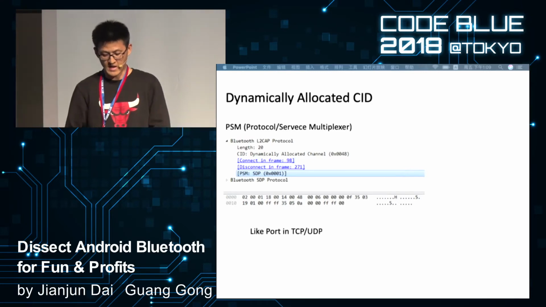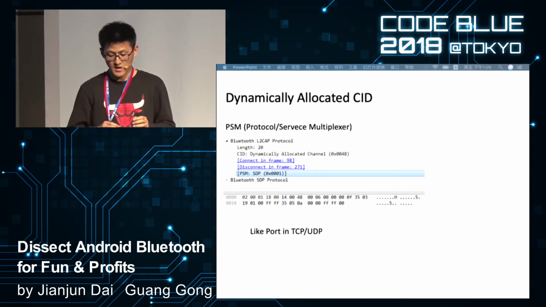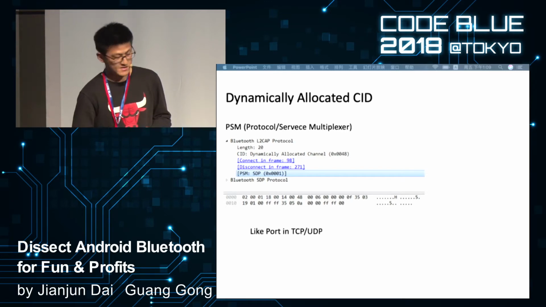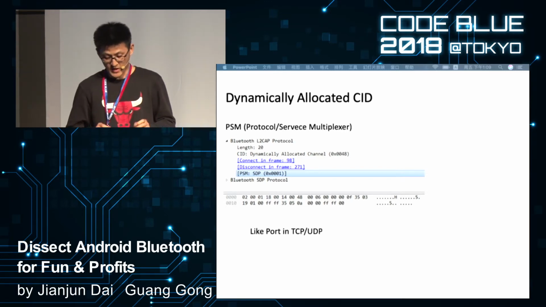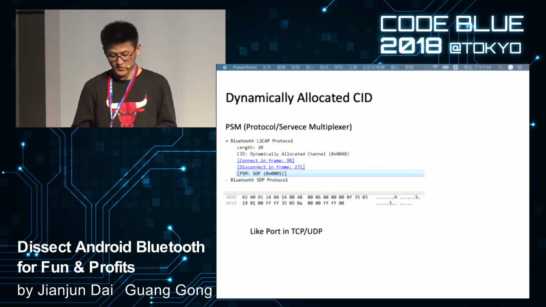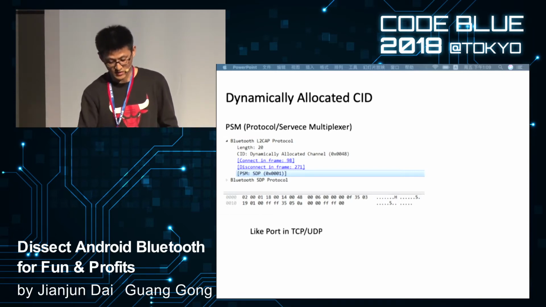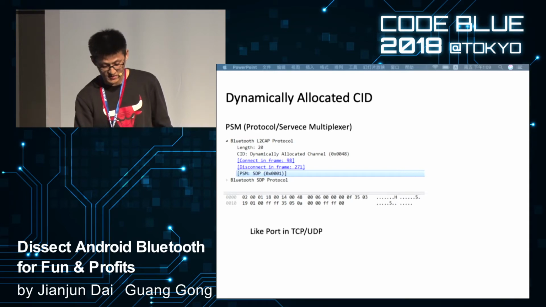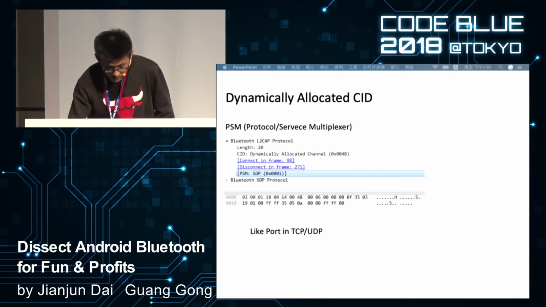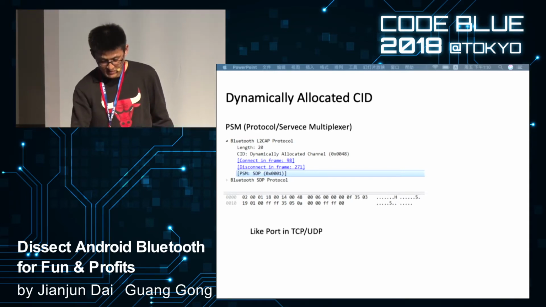Dynamically allocated CID is allocated by using PSM. When you create a socket and specify the value of PSM, CID will be allocated dynamically.